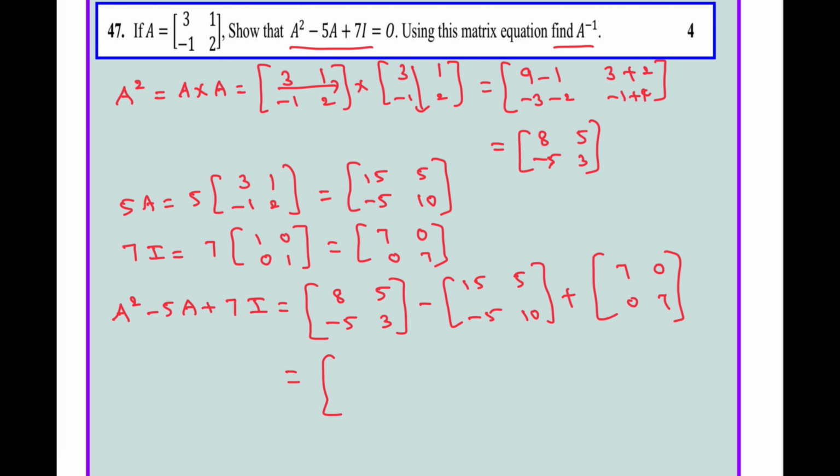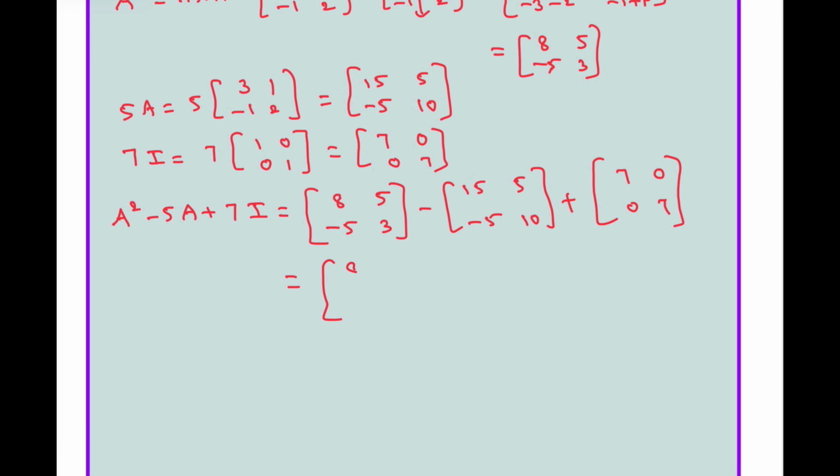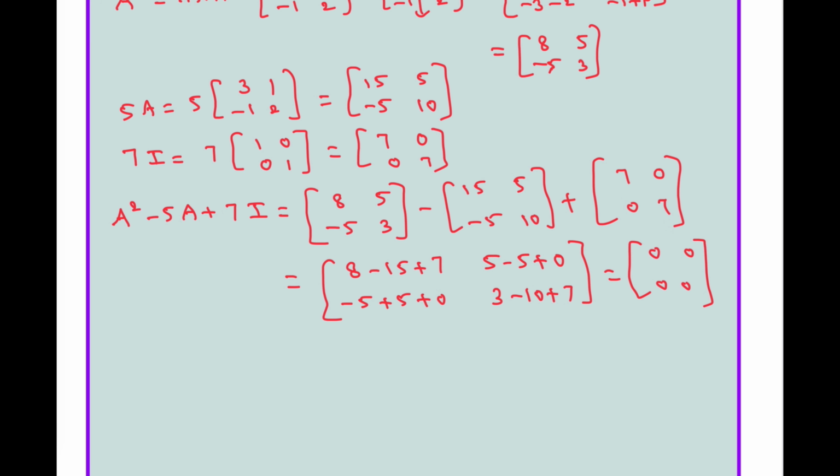That equals, simplify, 8 minus 15 plus 7, 5 minus 5 plus 0, minus 5 minus into minus plus 5 plus 0, 3 minus 10 plus 7. Then if you simplify, you will get 0 0 0 0. And overall, therefore, A square minus 5A plus 7I equals 0 verified.